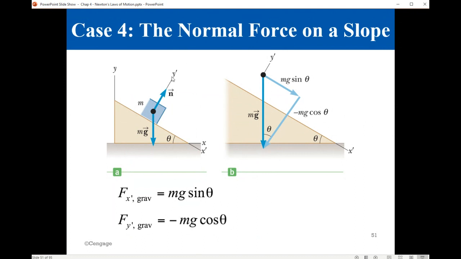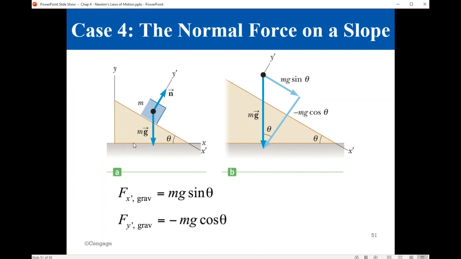Since there is no motion along the y direction, then for y, we have the force of gravity. It is minus mg cosine theta, pointing this way.